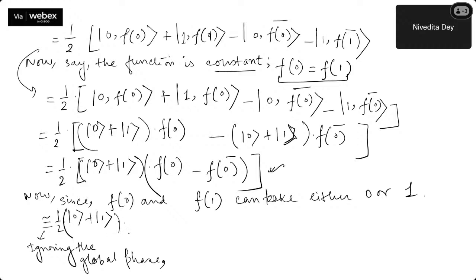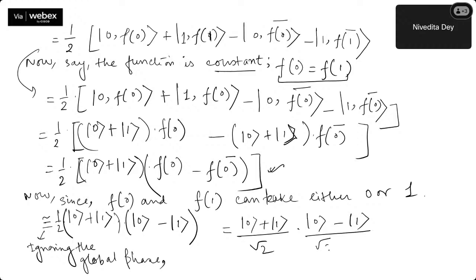And this will be |0⟩ minus |1⟩. Now, can I write it in this way? Let me put a root 2 and apply it on both of them, like |0⟩ plus |1⟩ by root 2 into |0⟩ minus |1⟩ by root 2. Can we do that? Definitely, because root 2 times root 2, the whole square, is only 2. So we can do that.